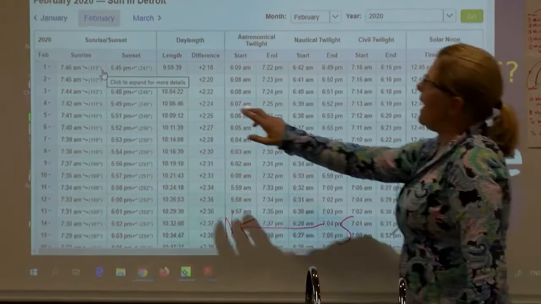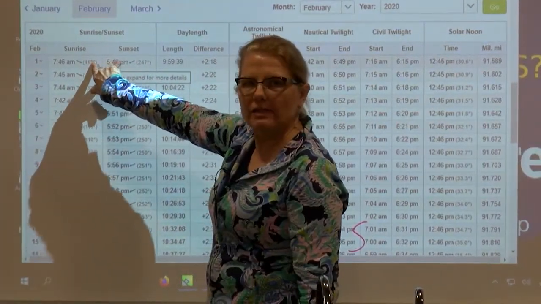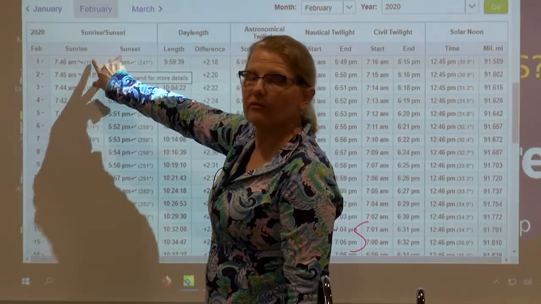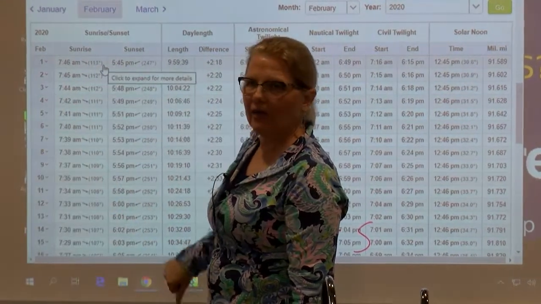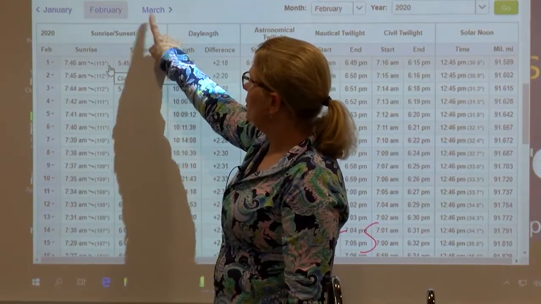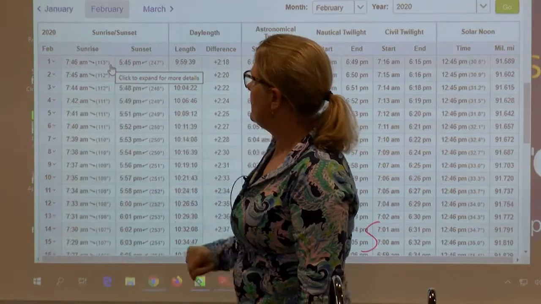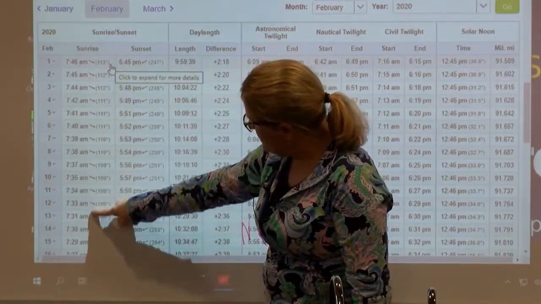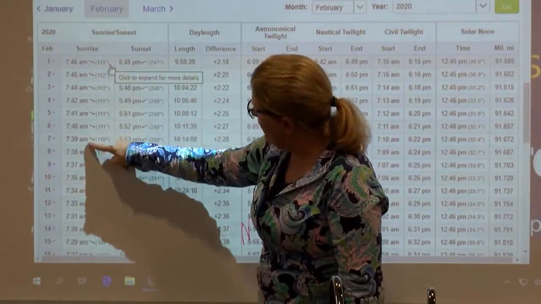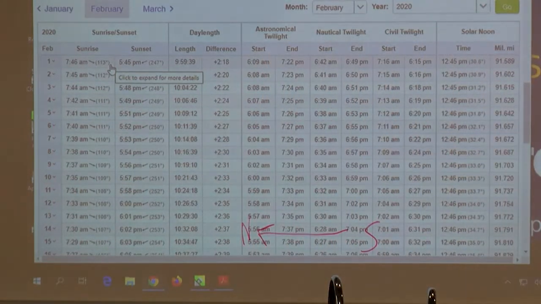What do you think would be true about these times on the equinox? How many hours of daylight does everybody have on the equinox? This is February. In March, it's going to be 12 hours apart. Okay, you can see. Now, what we're looking for is a trend. Is the time of sunrise going up or is it going down? We're looking at the data.